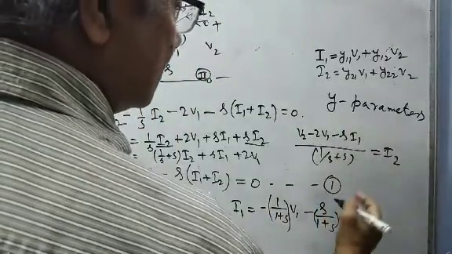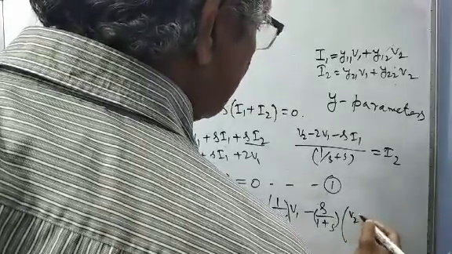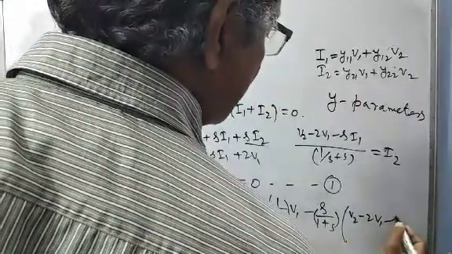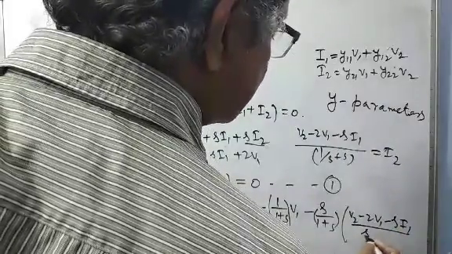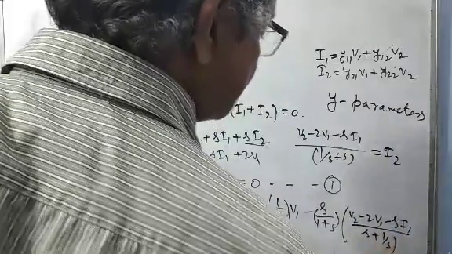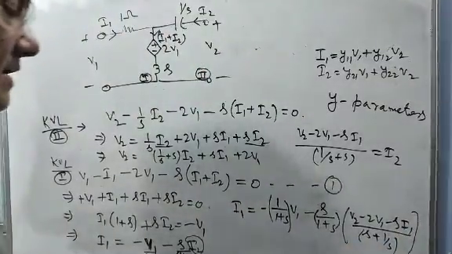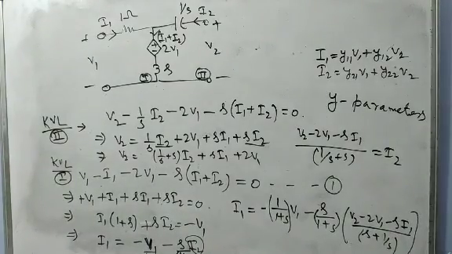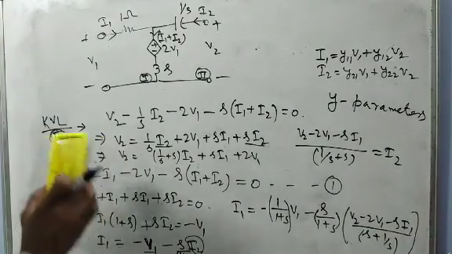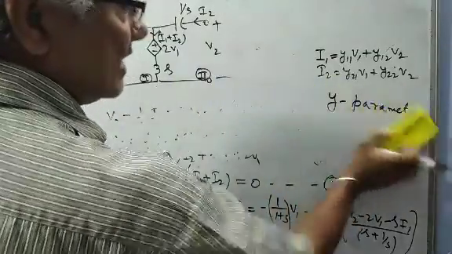Now what is I2? I2 you can write as V2 minus 2V1 minus SI1 by S plus 1 by S. Isn't it? So again I am rubbing the whole scenario, and I will be just explaining you about this.